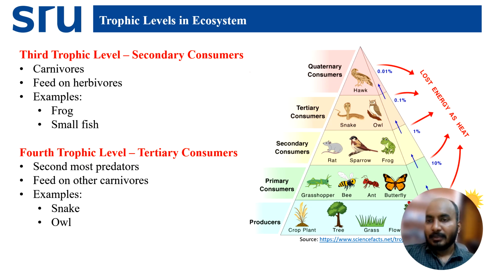The next trophic level is tertiary consumers, which are the second-highest predators in the ecosystem, just below the quaternary consumers.